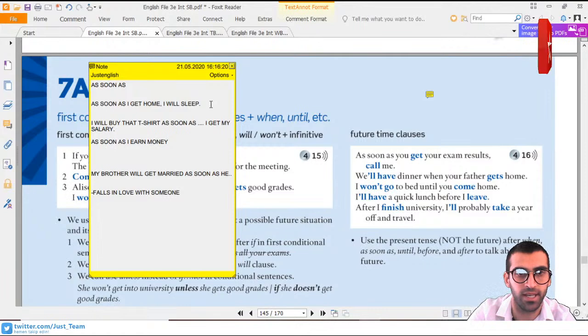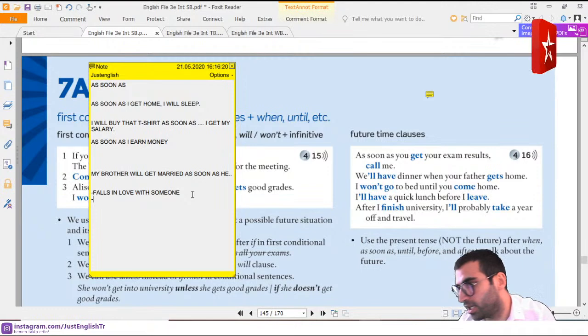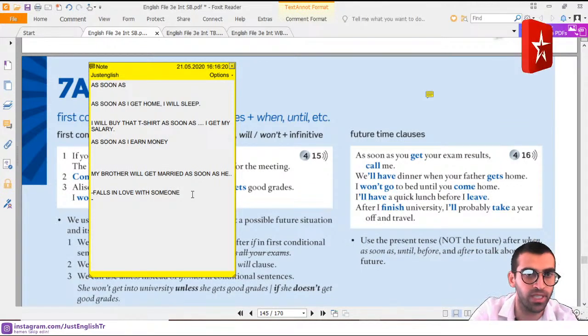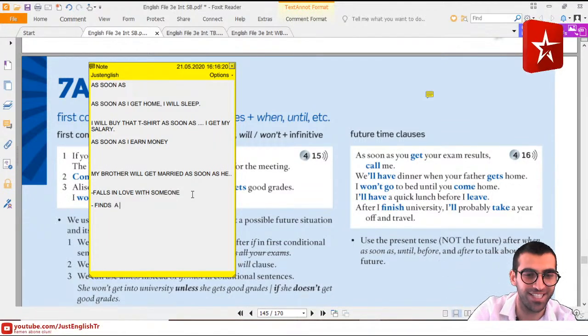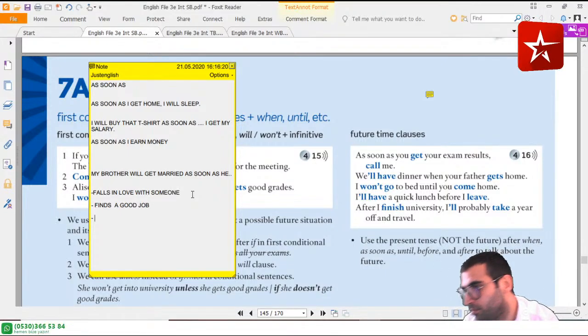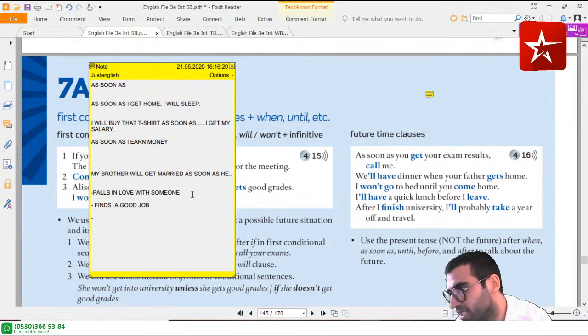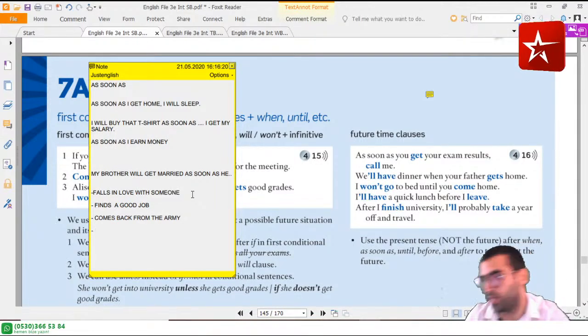And the second idea came from Emrah: he finds a job. Yes, Emrah, that is a fantastic correct answer, because if you want to get married, you should have money. Finds a good job with a good salary. Yes. And the next idea from Mihrican Güven Buran, as soon as he comes back from the army, okay, from the military service.